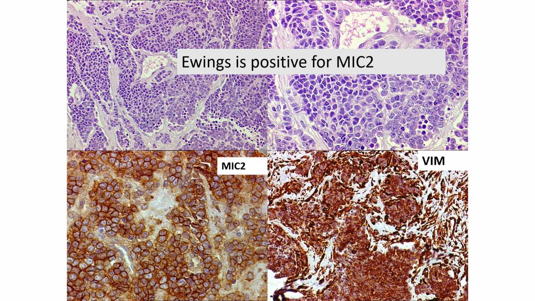So vimentin is not a specific immunohistochemistry marker, unlike MIC2, which has a much more significant role to play in making a diagnosis of not only Ewing's but several other tumors which can also be positive for MIC2. And I did mention shared epitopes between various tumors.